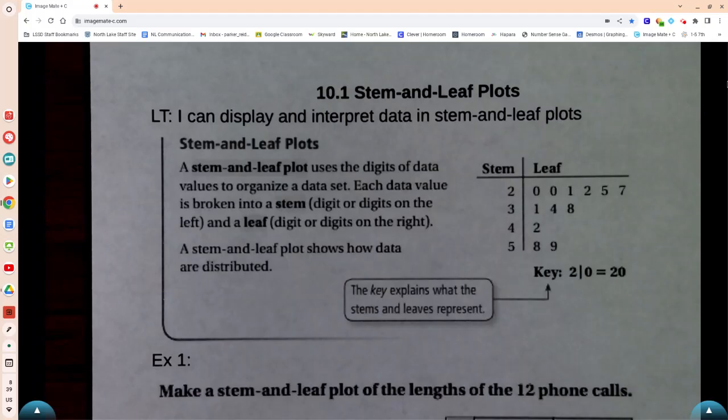This one is anything in the 30s. So 31, 34, 38. This one is anything in the 40s, 42, and then the 50s, 58 and 59. So really what you're doing with the stem and leaf plot, again, is taking a pair of scissors and cutting apart your number so that you have a digit or some digits on the left and then a digit or some digits on the right.